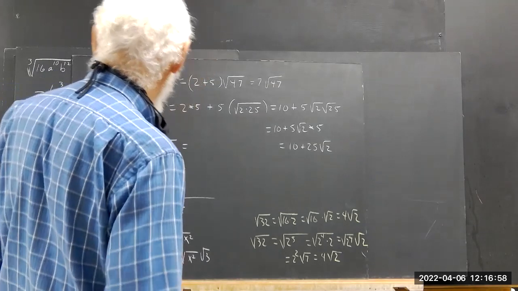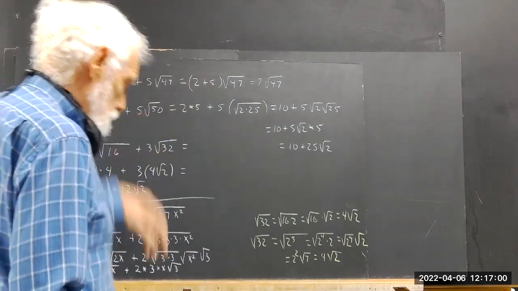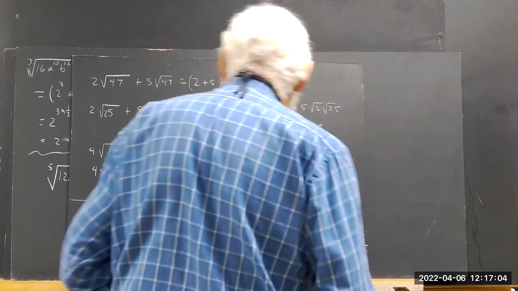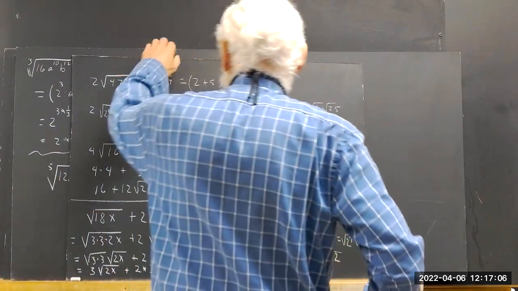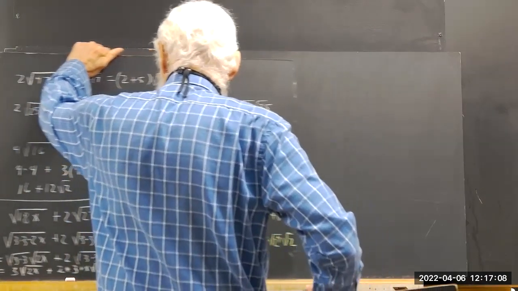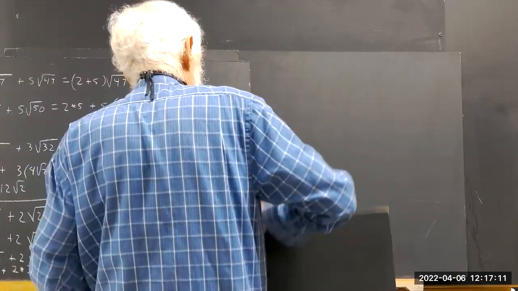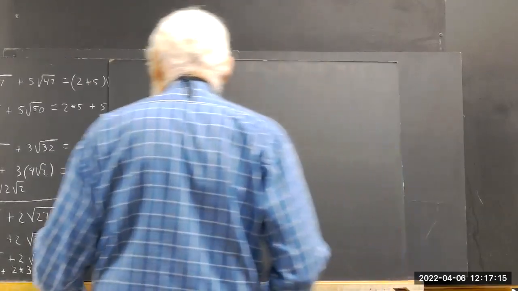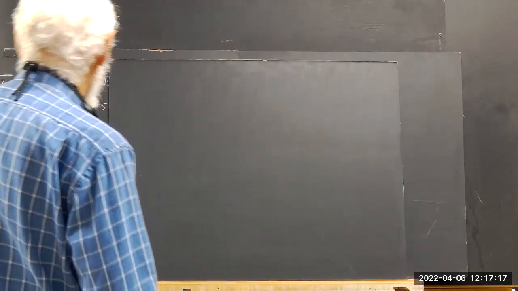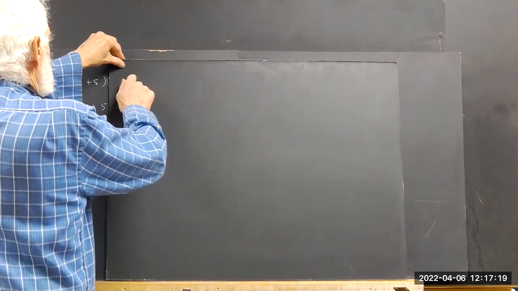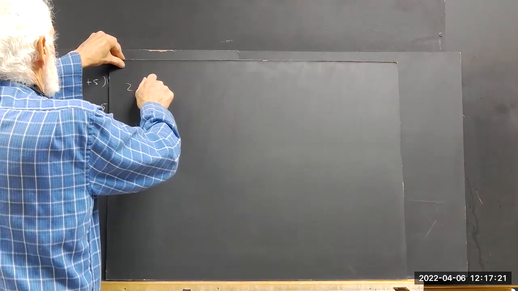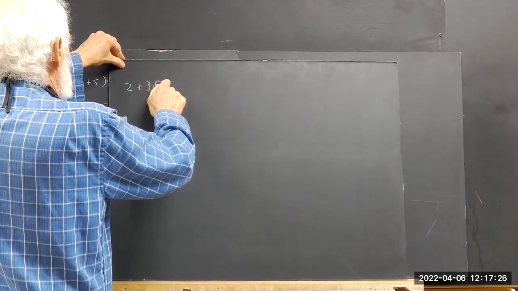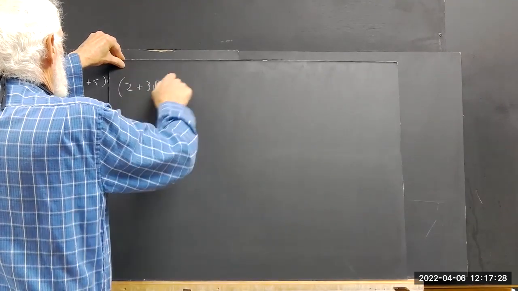Okay, we need to talk quickly about how you multiply expressions like this. So let's say we got 2 plus 3 times the square root of 5.